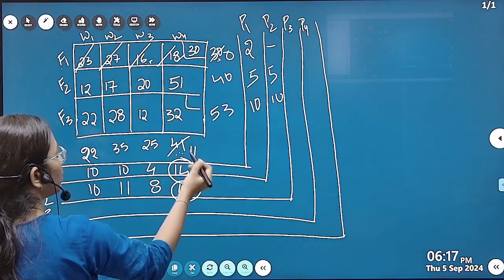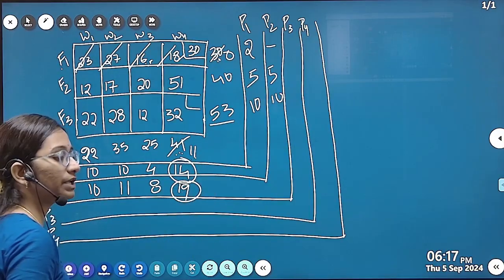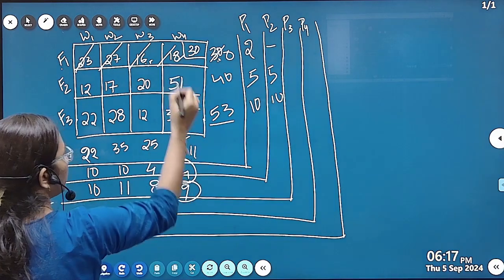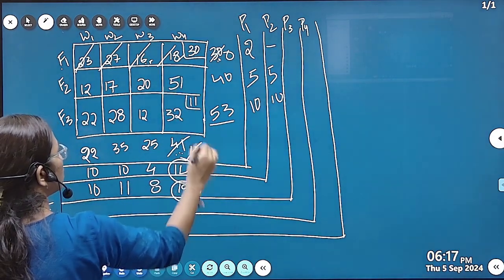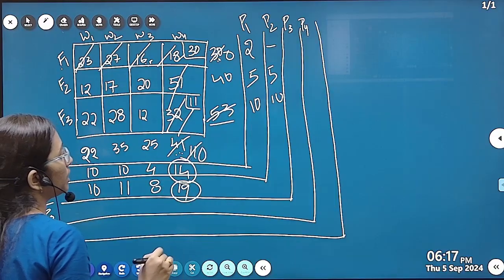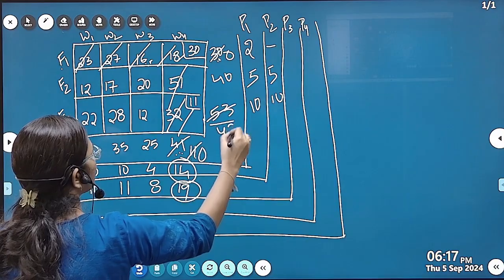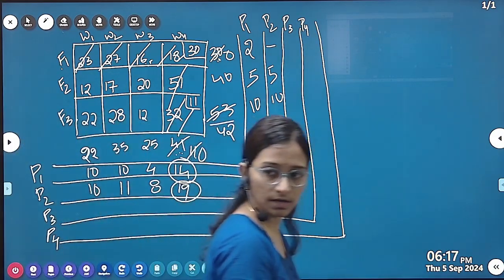So in W4 we have only 11 units, but here factory 3 requires 53 units. So W4 can supply only 11 units for F3. So it becomes 0, so cross this. So now 53 minus 11, tell me how much? 42. Okay, clear? Clear?